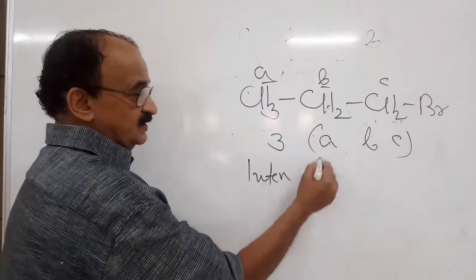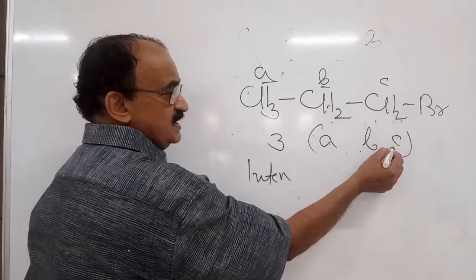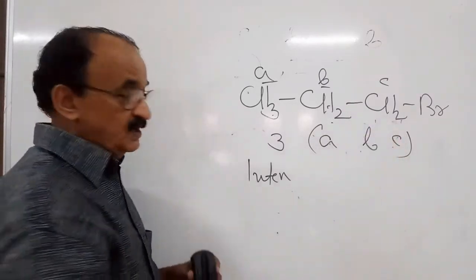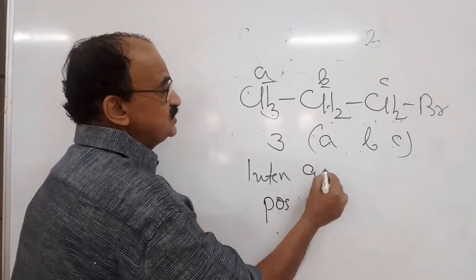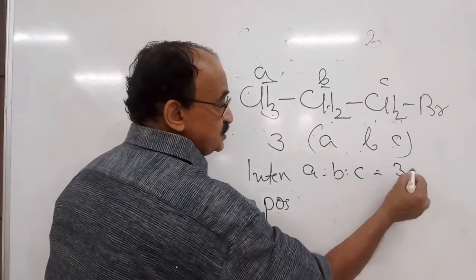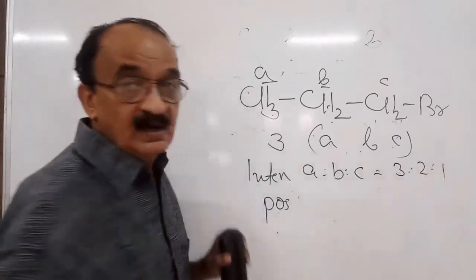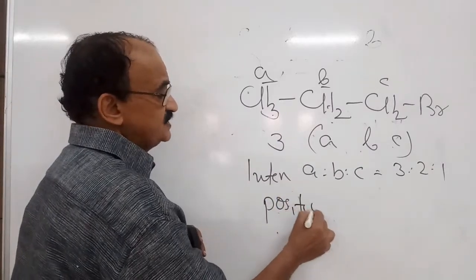A signal is from 3 protons, B signal from 2 protons, and C signal from 2 protons. Therefore, A is to B is to C, what is the intensity ratio? That is 3:2:2.